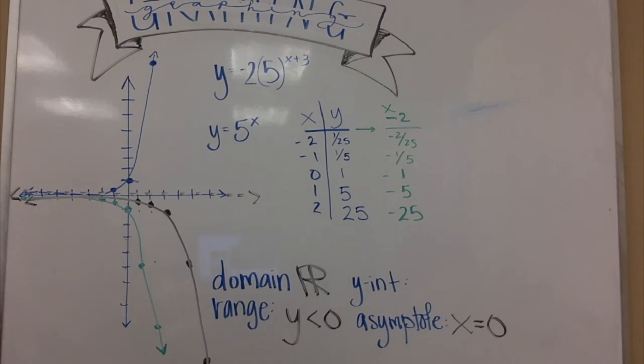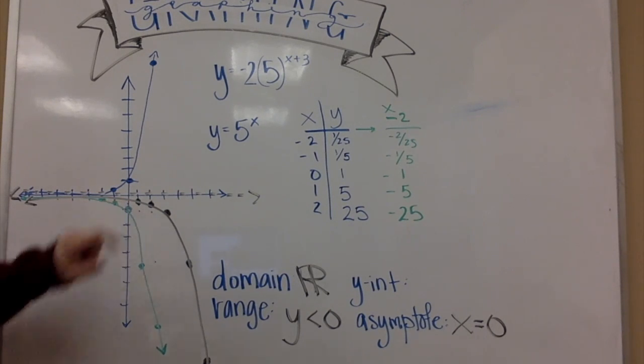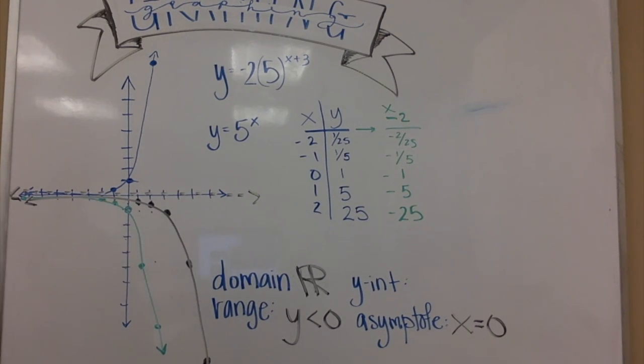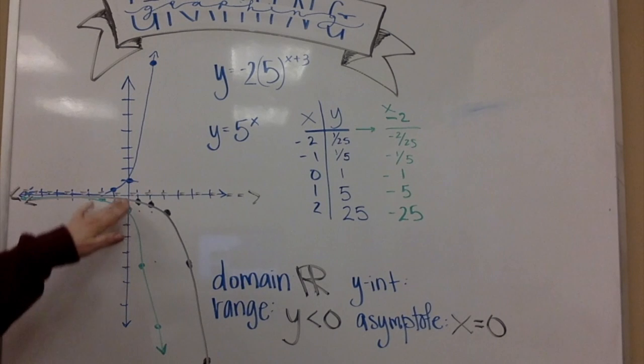So let's see. So for my y-intercept, this one's a little tricky. Just look and see where it goes through on your graph. In this case, I'm honestly not 100% sure because of how it looks.